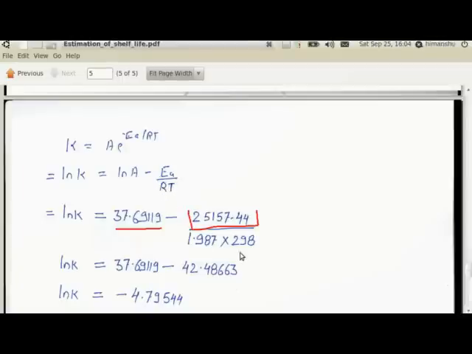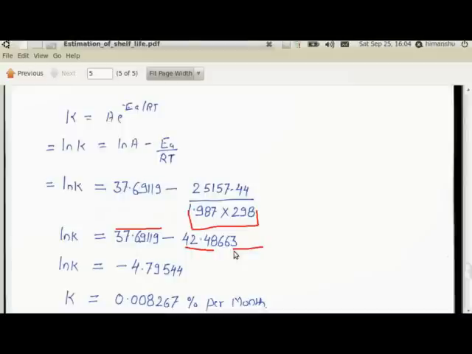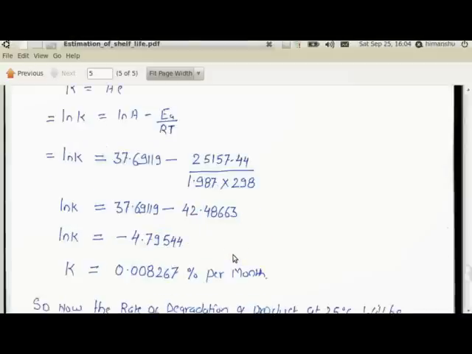We have the value of R, the gas constant. We equated it here, and obviously the temperature, that is 25 degrees centigrade, so 298 Kelvin.